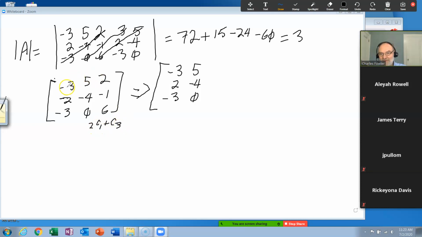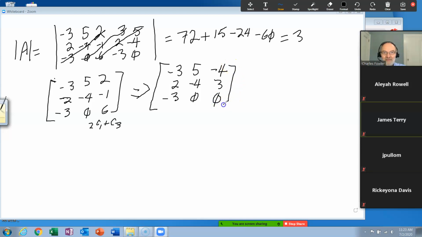So 2 times negative 3 is negative 6 plus 2, that becomes a minus 4. Now that makes it look like that got a little worse, okay? 2 times 2 is 4, minus 1 is 3. That got a little worse. But this one, 2 times negative 3 is negative 6 plus 6, that gave us a 0.